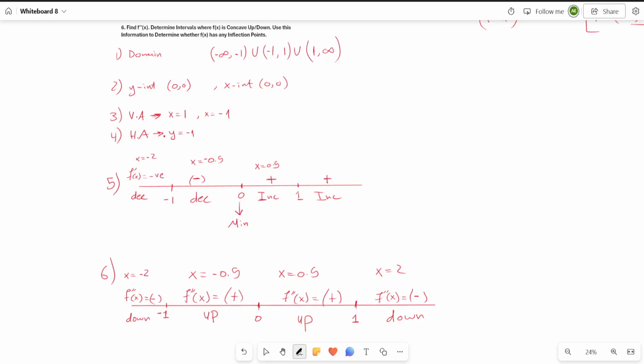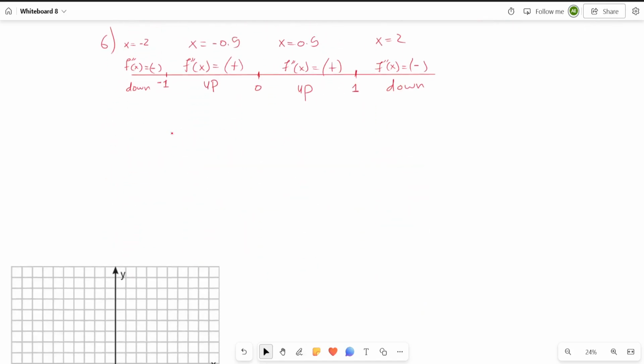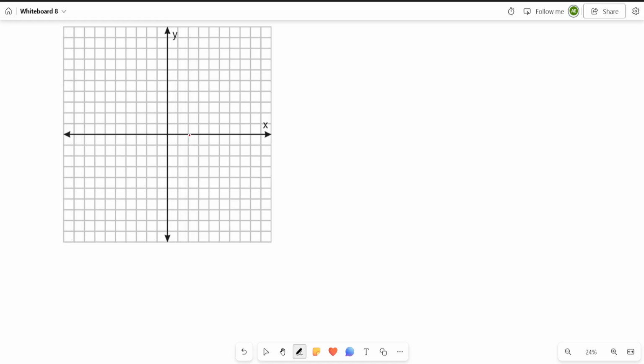So we have two vertical asymptotes at x equals 1 and x equals minus 1. So let's say this is x equals 1, this is x equals minus 1. So let's sketch our vertical asymptotes in this way. So these are our vertical asymptotes.